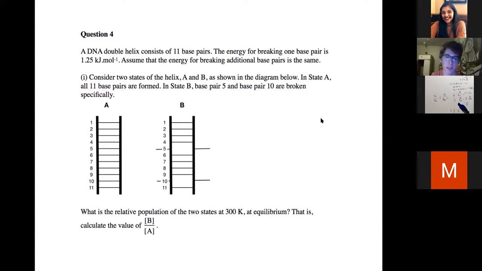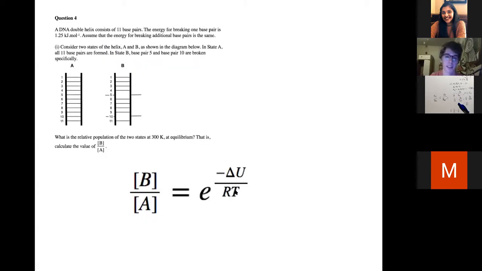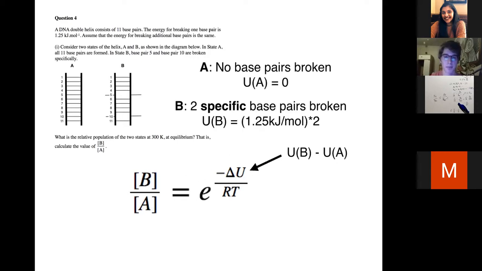So first, to get the relative population, you can do this with the Boltzmann factor. As you can see here, the relative population of B and A would be equal to the Boltzmann factor. And now we'd have to consider the energy difference between the two states. So for state A, we can think of this as a ground state with all the bonds formed, so energy of A would be 0.